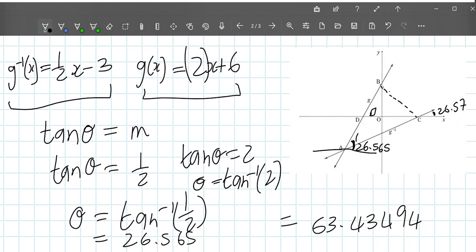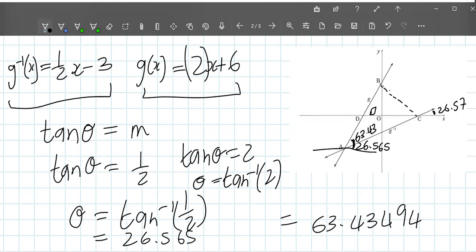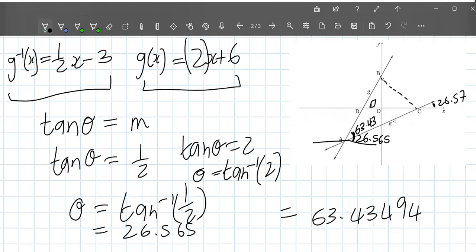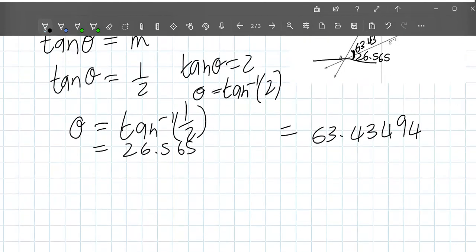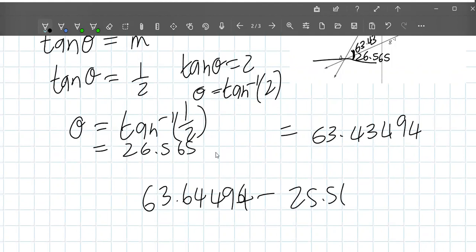So in order to get the angle A, we would have to minus 26.565 from 63.43.